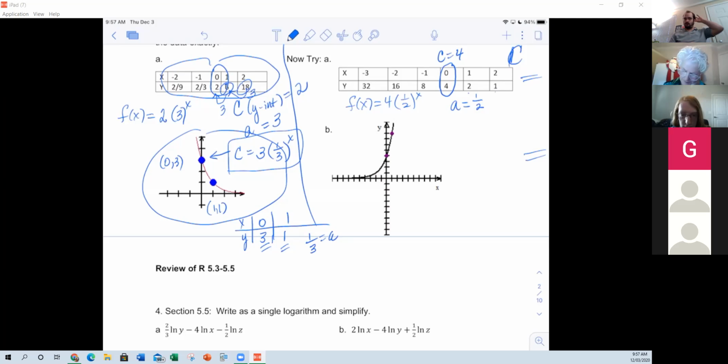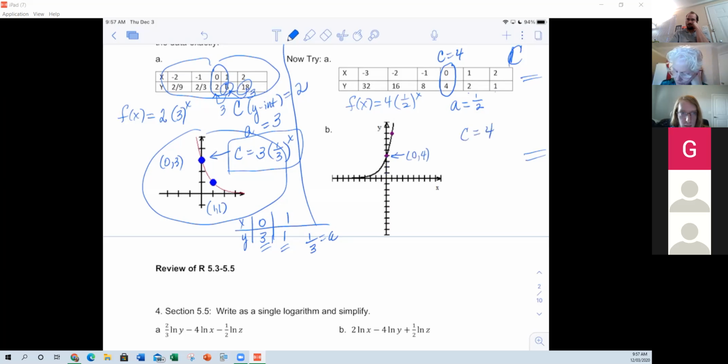Looks like it's 3. Actually, I know this is kind of a crappy graph, but this is 4, right? I know I didn't put grids on here. Oh no, I see it now. Sorry. Okay, so C is 4.